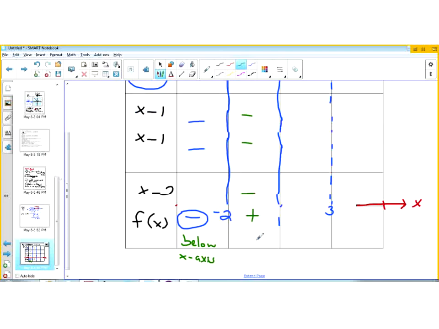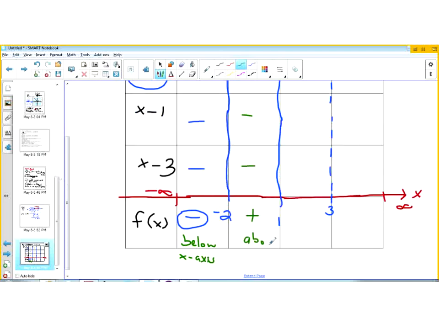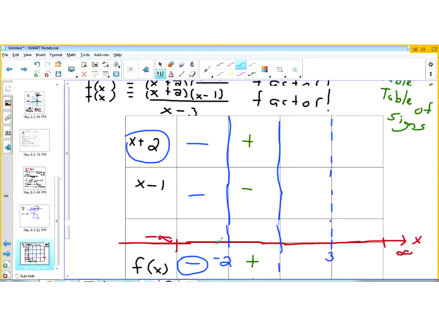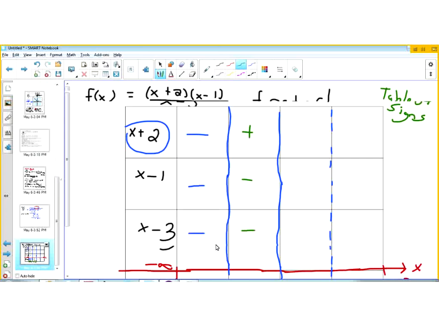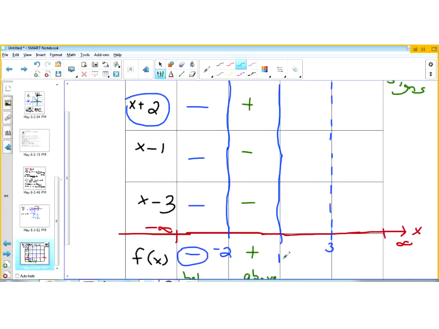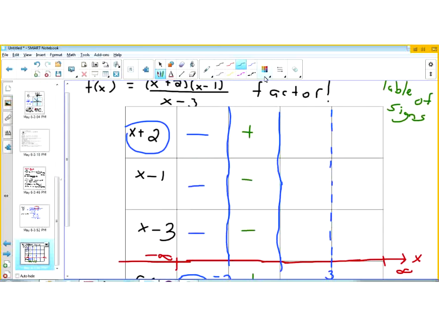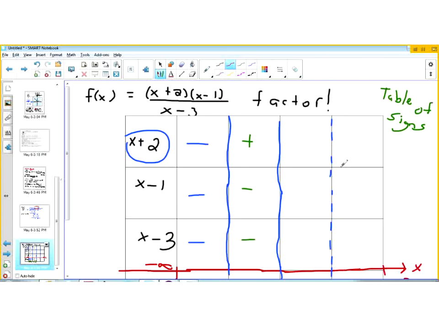And whenever you do that, you have a positive result. So between -2 and 1, f of x is above the x-axis. Okay? And so in your sketch, you'll need to show your drawing as being above the x-axis.